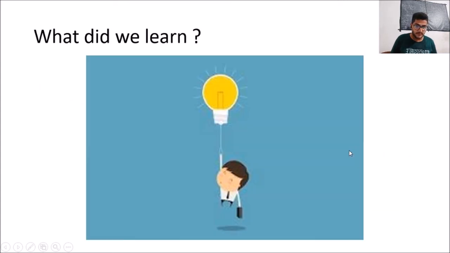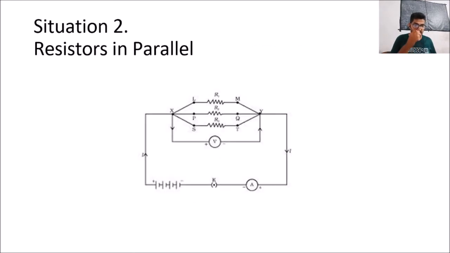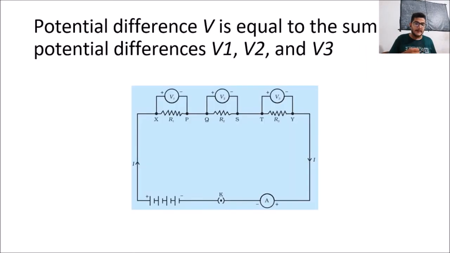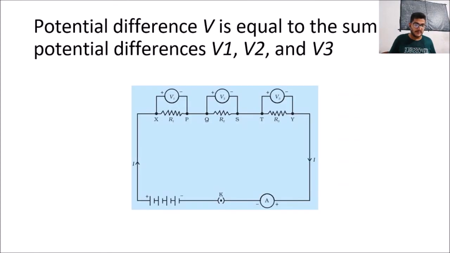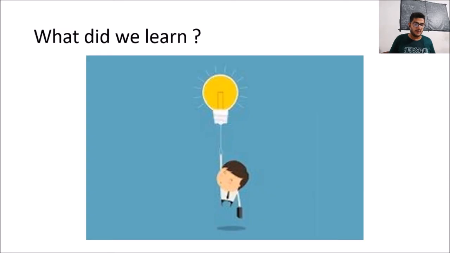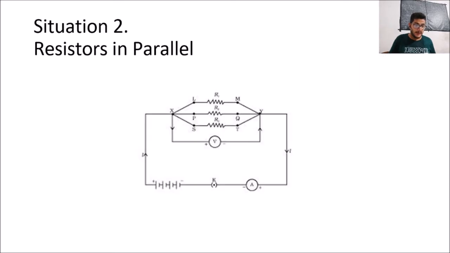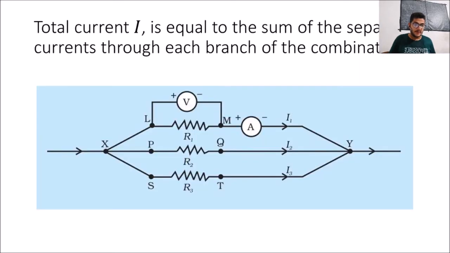Do not get confused. Once again, in series we have V1 plus V2 plus V3, and in parallel, I1 plus I2 plus I3.